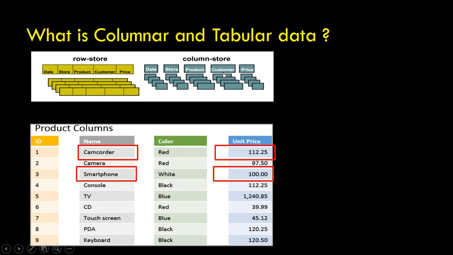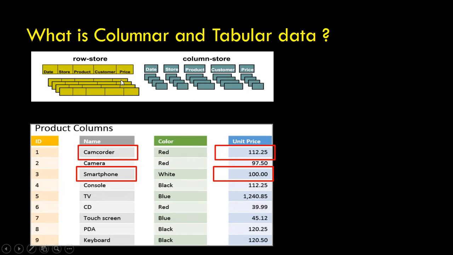If you store each column separately, for example, you want to access in your query name and unit price for camcorder and smartphone, it goes directly to the name column and then the unit price column. It's like a separate table. Each column is considered a separate table, stored separately. Hence the performance is pretty fast.